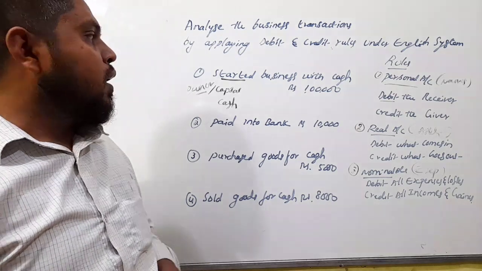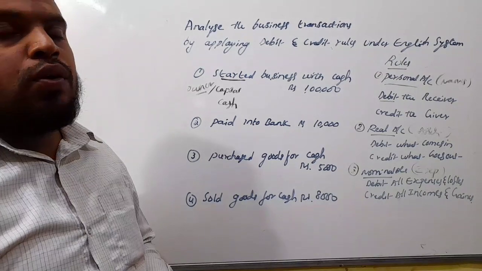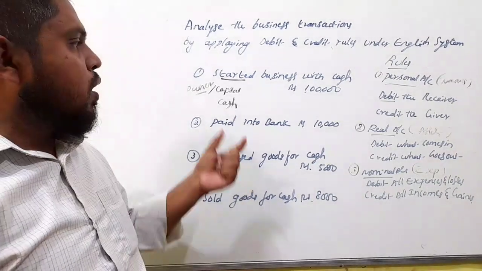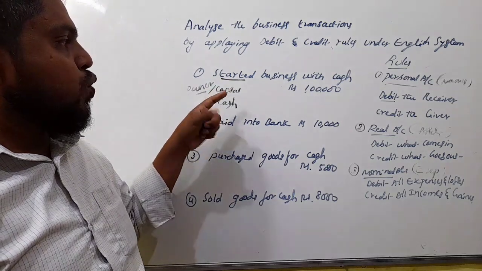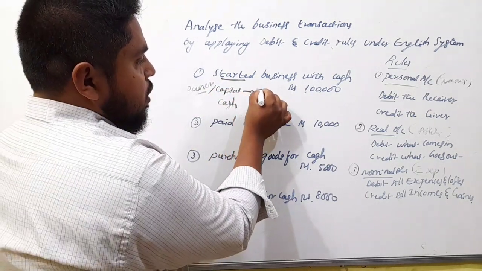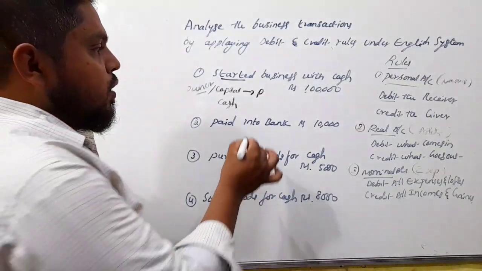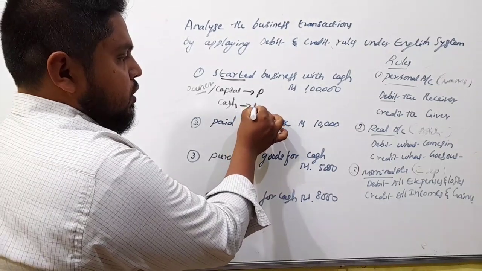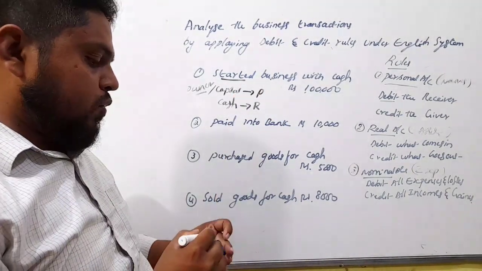Capital comes under personal accounts. In the books of accounts, we won't write the owner's name, so we will use capital. Capital is a personal account. Cash is an asset and comes under a real account.